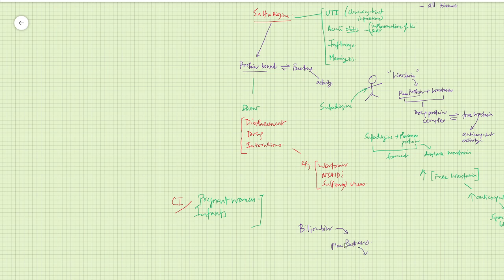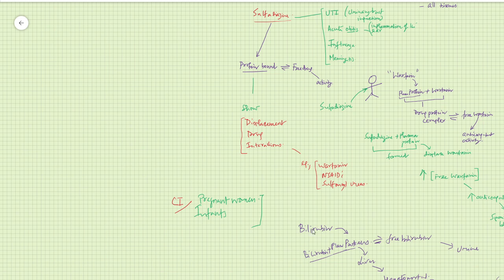Then it is taken to the liver, and then this plasma protein bound bilirubin. Okay, so bilirubin forms a complex with plasma protein, and that is in equilibrium with free bilirubin, and free bilirubin is excreted through the urine, whereas the bound form goes into the liver and through the hepatoportal system, it goes into the intestine, and it is excreted through the stool.